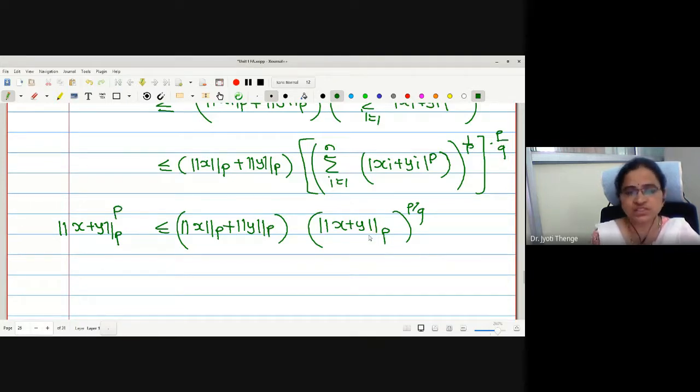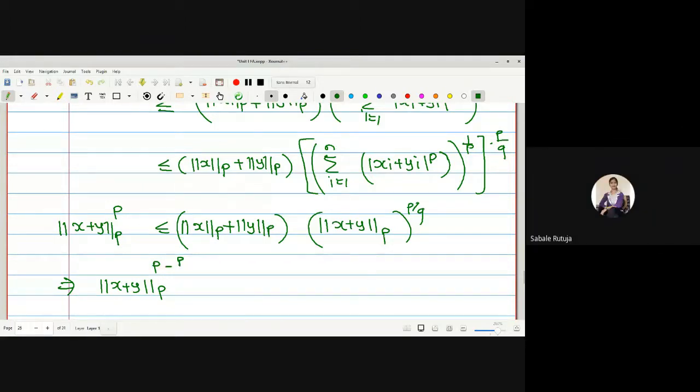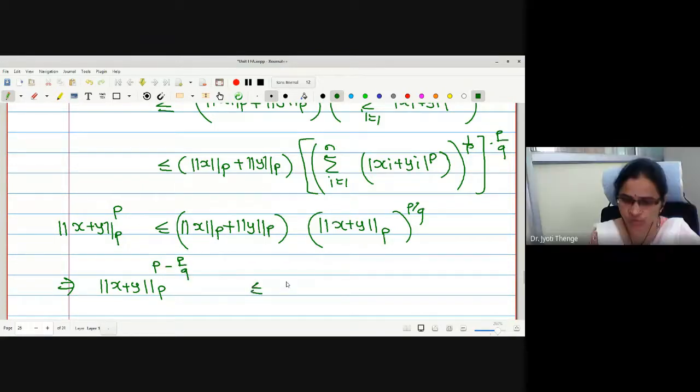Now let me shift the term to the left hand side. Norm p of x plus y raised to p. If I shift the term to the left, may I write the difference of their powers? Yes, ma'am. By q. And this is less than or equals to norm p of x plus norm p of y.